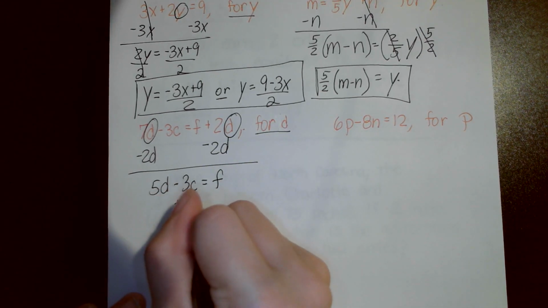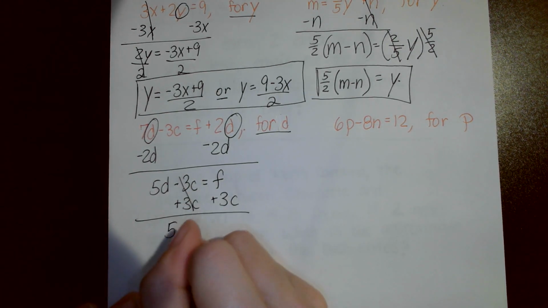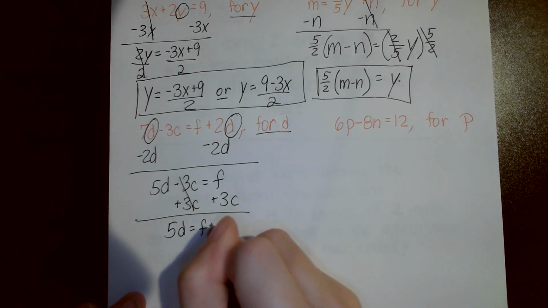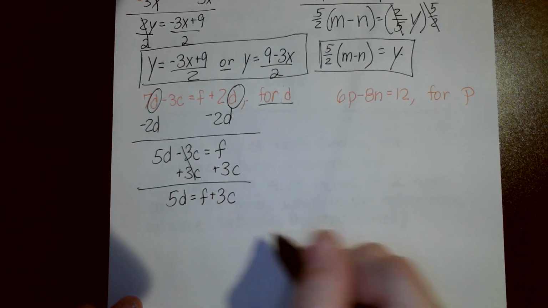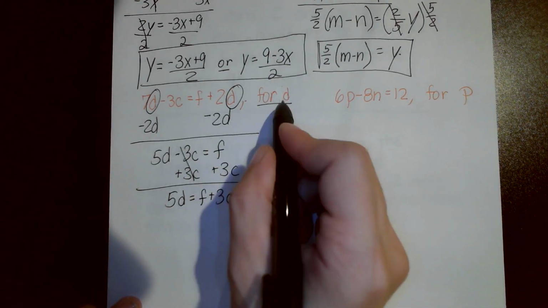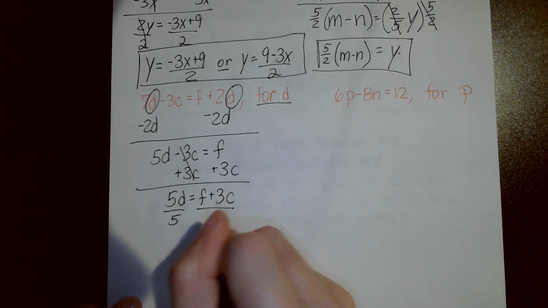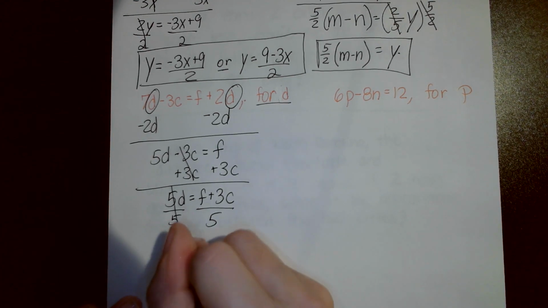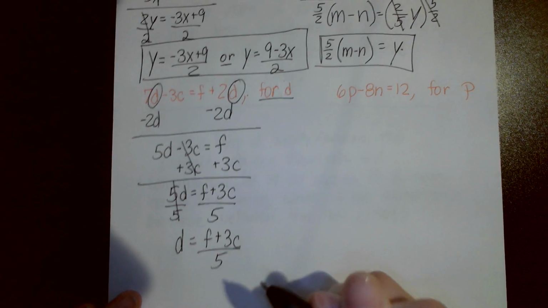D alone, so I'm going to add 3c. 5d equals f plus 3c, or 3c plus f. It's addition, so it doesn't matter the order. And then we want d alone, so I'm going to divide by 5. That leaves d equals f plus 3c over 5.